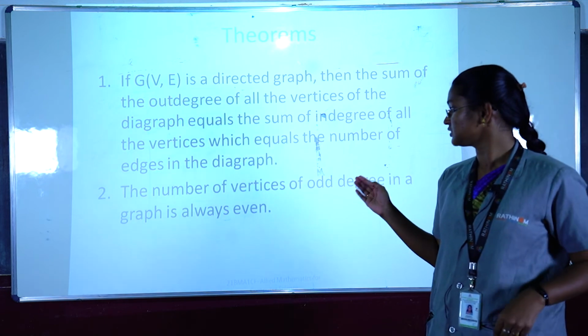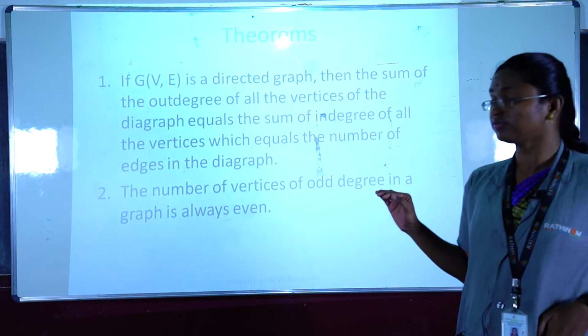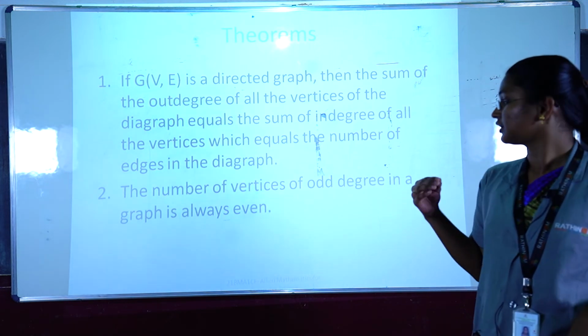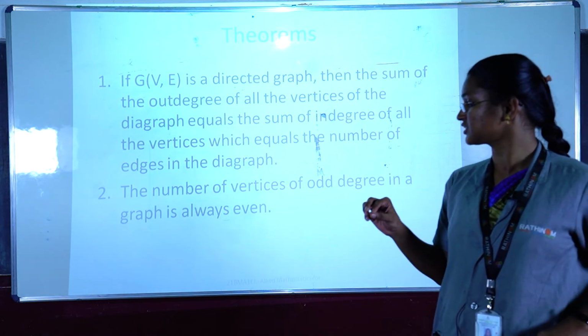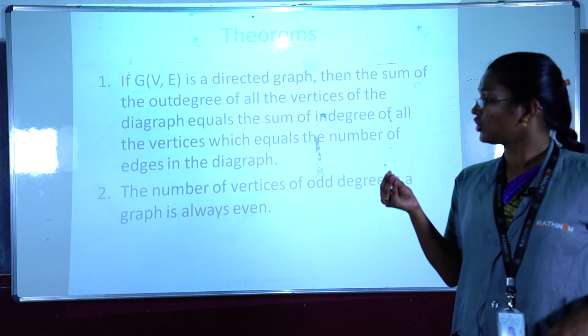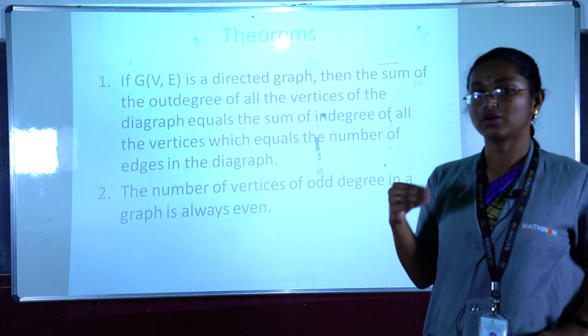The second theorem is that the number of vertices of odd degree in a graph is always even. That is, the number of vertices having odd degree in a graph is always even.